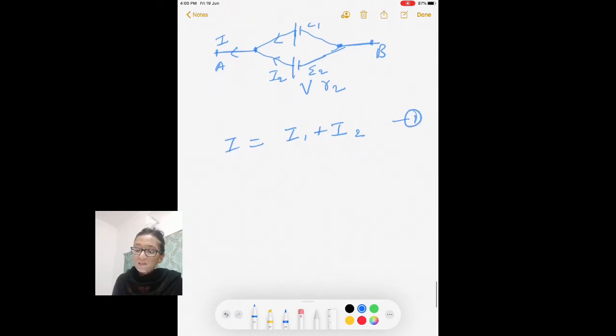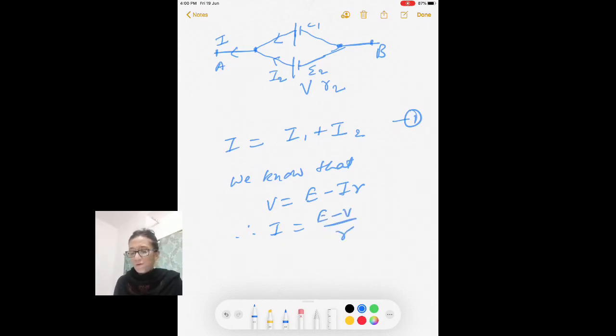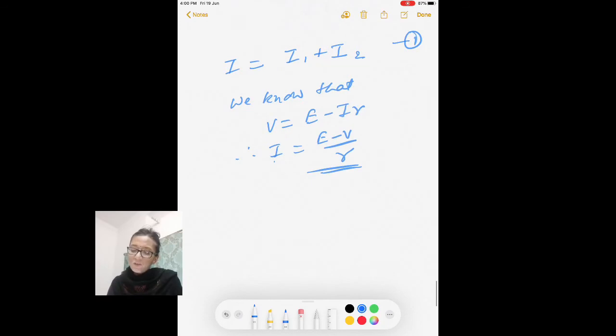This is one equation. Now we know that V is equal to E minus IR. Therefore, I is equal to E minus V upon R. So we will be putting the value of every I as per this equation in equation 1.